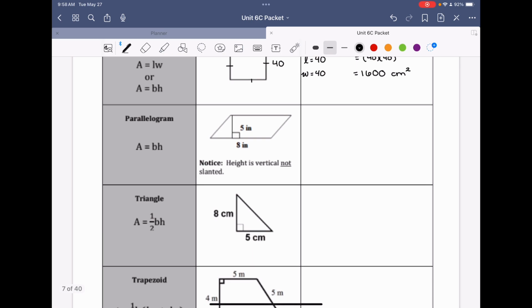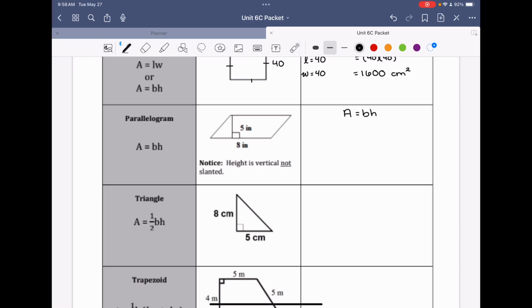We have a parallelogram, which means it's a total of 4 sides where the sides across from each other are going in the same directions and they're the same length. So let's go ahead. Area equals base times height. And it says, notice that height is vertical, not slanted.